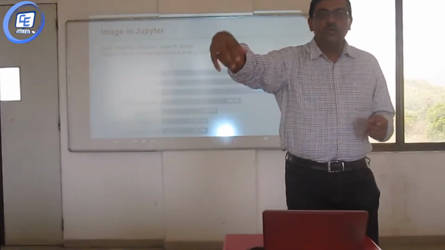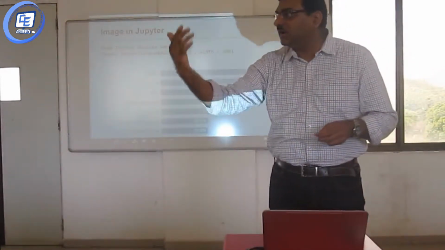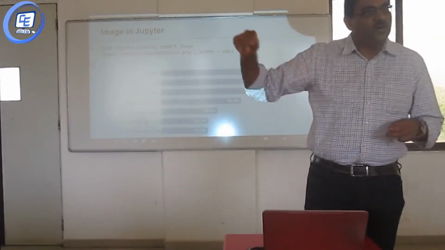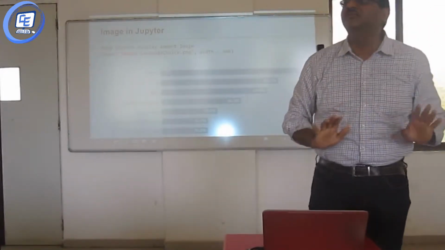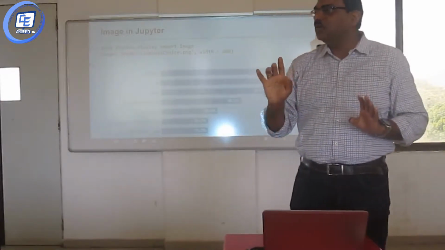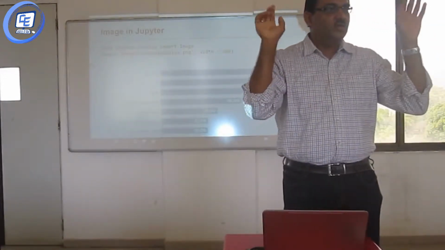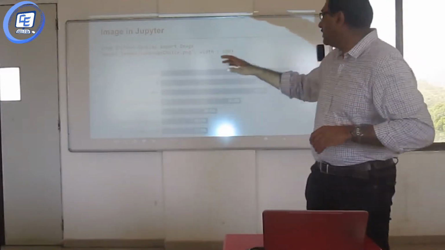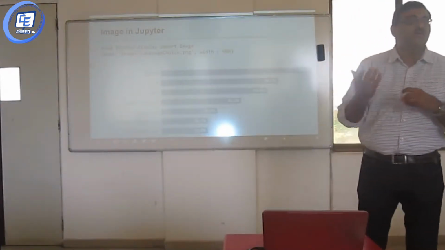So if you open the Explorer, in that folder you have a folder known as image. Inside that image folder, this image is there. So that image we are displaying over here. So simply what you do, Image of, in quotes, specify the path of that file. And then we can additionally specify what is the width.